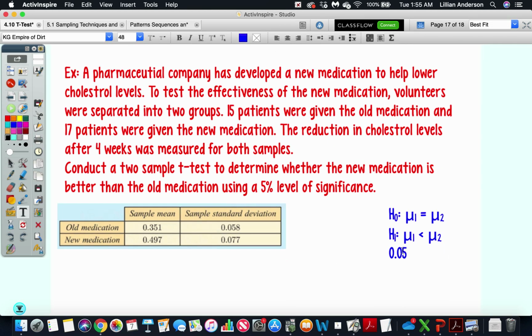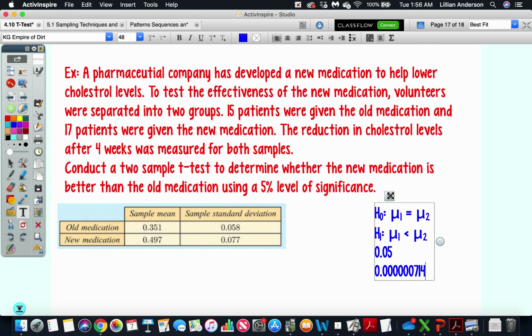That basically means that we have 6 zeros, then 714. That's our p-value. And from this, we can easily see that our p-value is less than our significance level because 0.05 is bigger than that really, really small number.